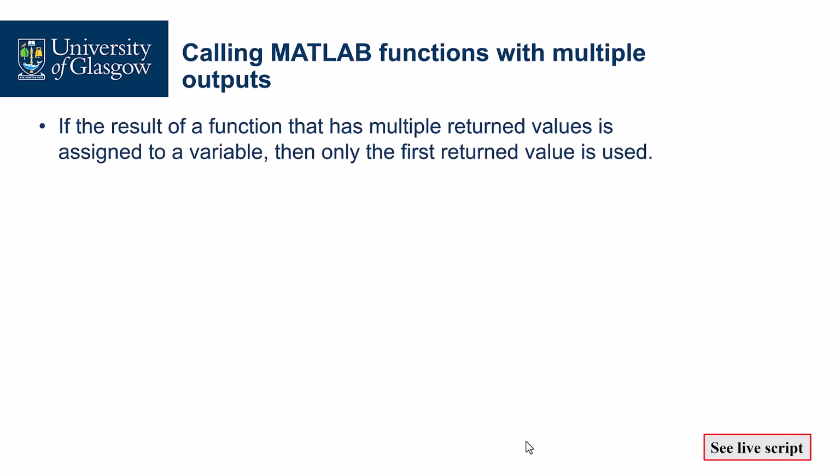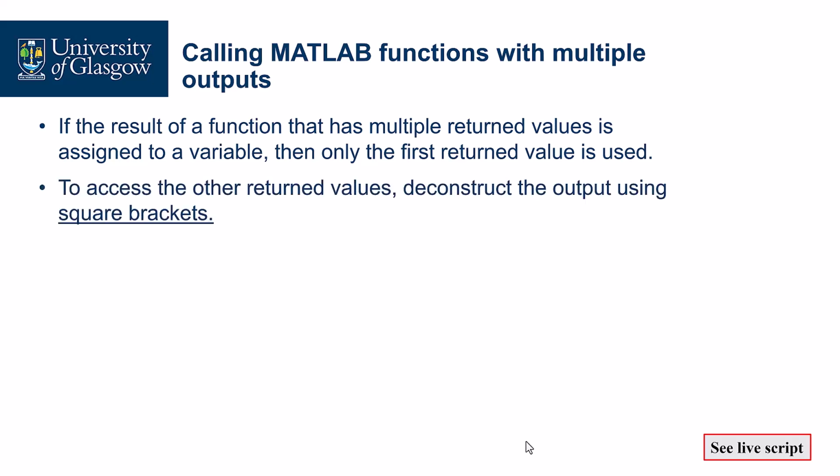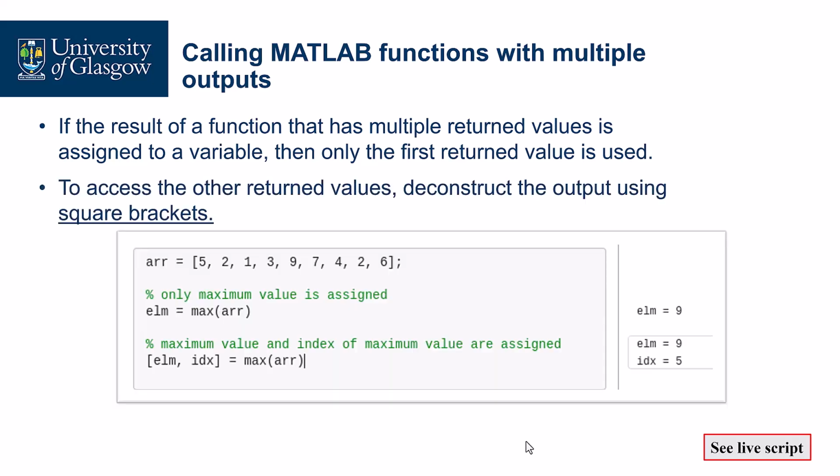When we want to use this function, it is the same as a MATLAB built-in function. If we don't ask for the second output, only the first one is returned by default. If we want both outputs, we use square brackets. As we saw before, here we define an array.